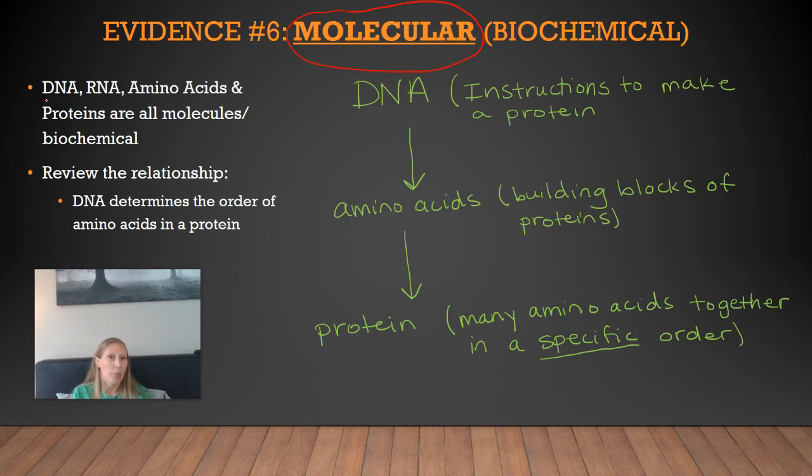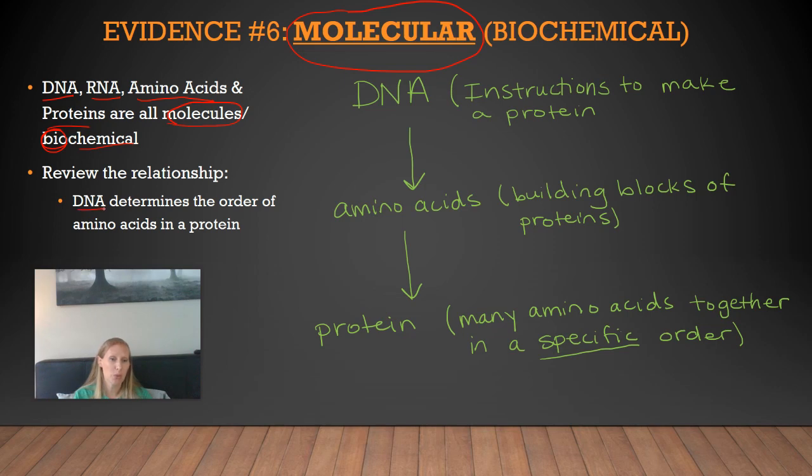So when we talked about DNA and RNA and amino acids and proteins, these are all molecules, or biological chemicals, okay? Chemicals of life. So what we can do is compare these things with other species to see how close our chemicals are to their chemicals.